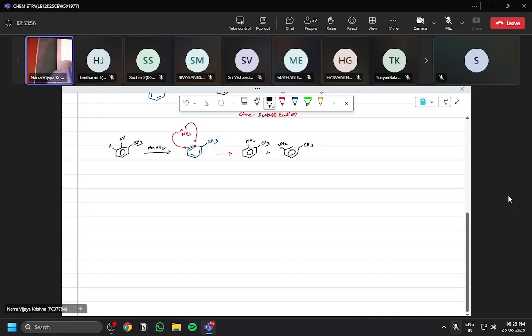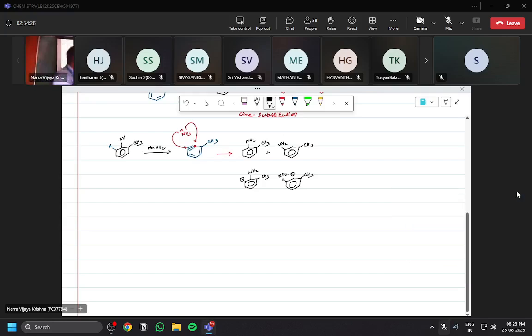When NH2 attacks here, I will get an anion here, correct? When NH2 attacks here, you will get a negative charge here or not? If NH2 attacks here, you will get a negative charge here. Correct or not?